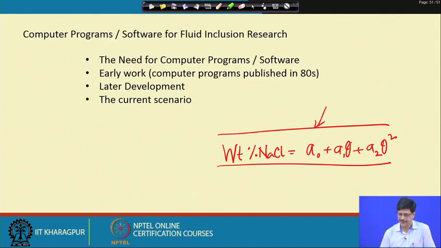large numbers, and calculating them by hand will be time consuming and error prone. But these days it is very simple.